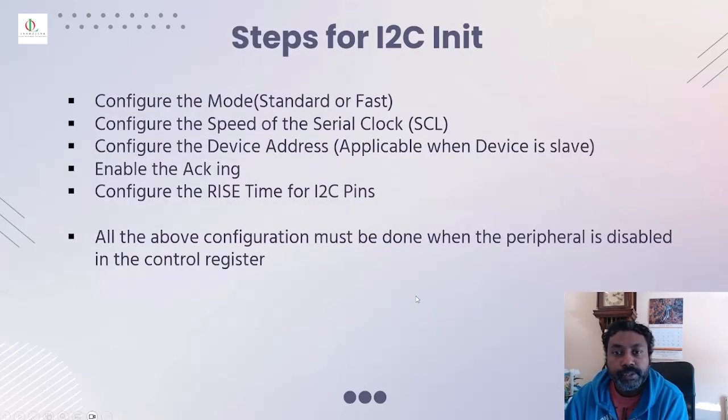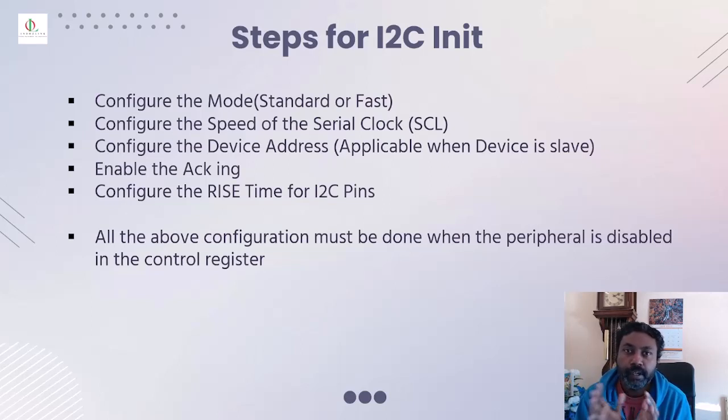These are all the steps you need to consider for writing the initialization code for I2C. First, you need to say which mode you're going to configure, either standard or fast. Then you need to set the speed of the serial clock. Then configure the device address, applicable when the device you're going to use is a slave.